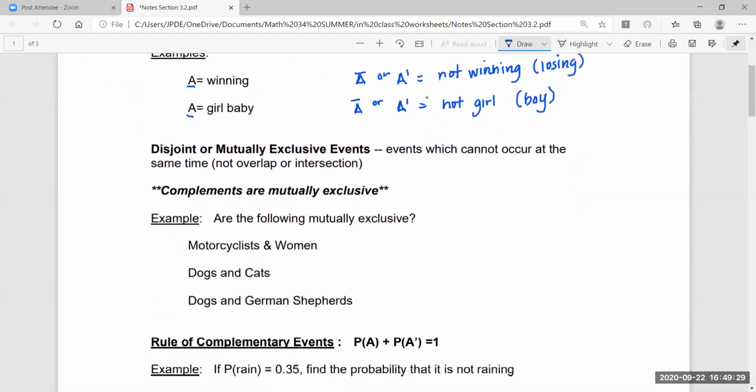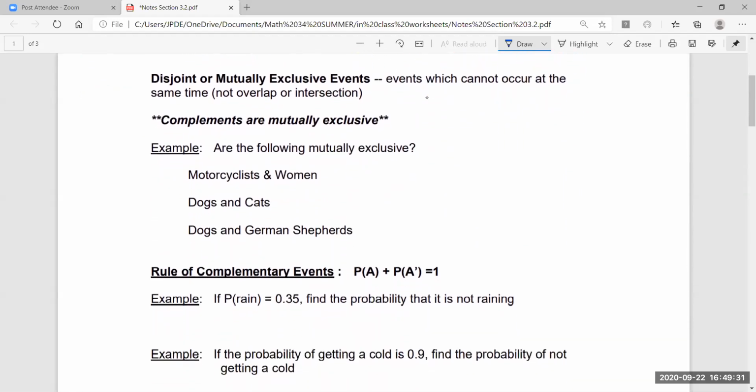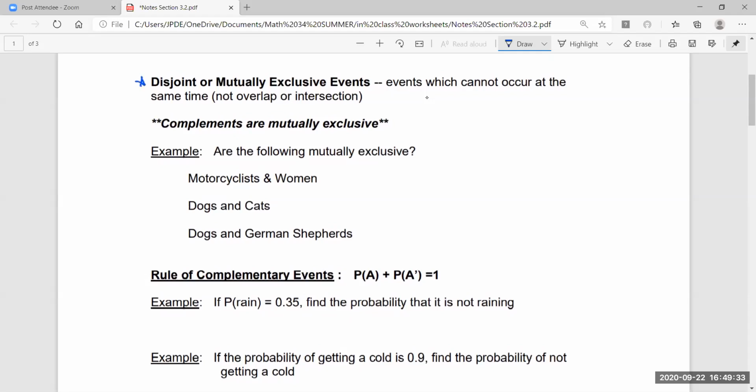Okay. The next one, we're going to look at disjoint or mutually exclusive events. Sometimes we'll even say disjoint or mutually exclusive sets. And these are events which cannot occur at the same time.